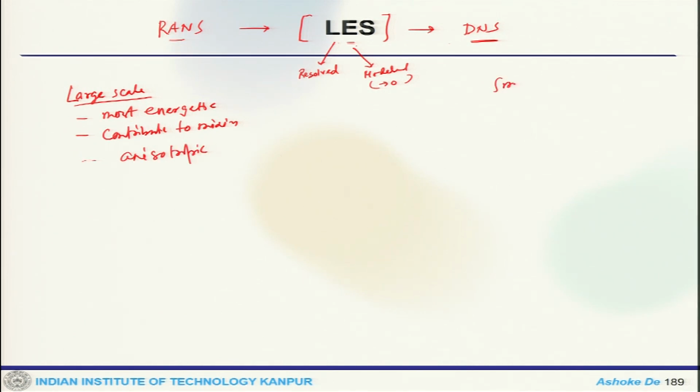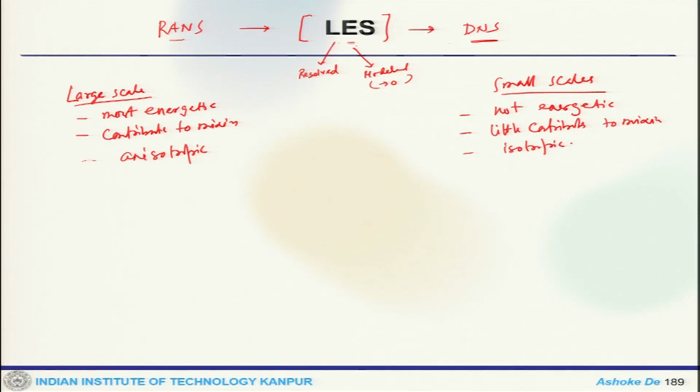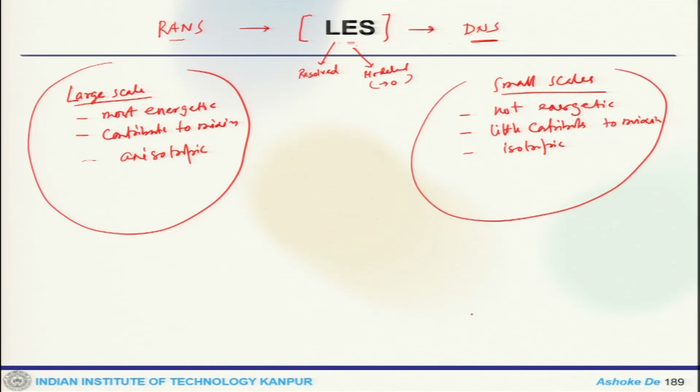If you look at the small scale or microstructures, they are not energetic, they make little contribution to mixing, and they are more or less isotropic or universal structures. So, the whole idea is that in LES you solve for the large scale structures and model the small scale structures.